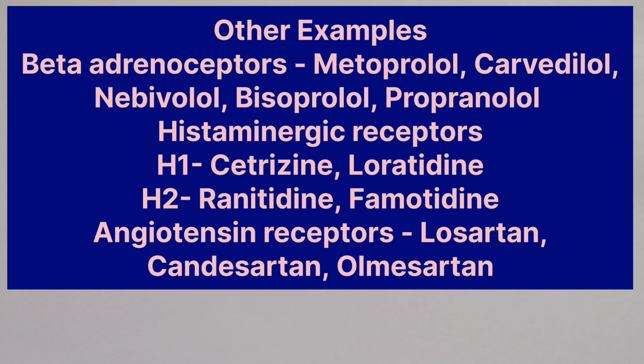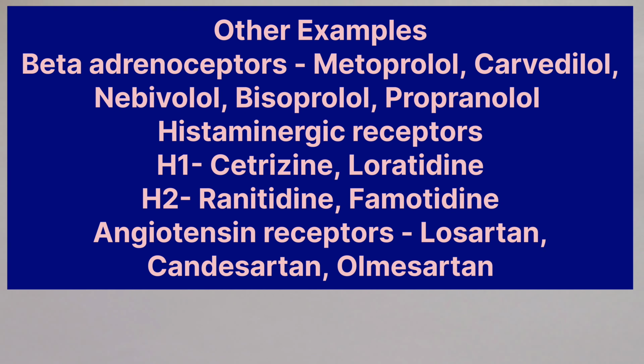Other examples of receptors that have constitutive activity and drugs acting as inverse agonists on these receptors are: 1. The beta-adrenoreceptor, and the drugs acting on these receptors are metoprolol, carvedilol, propranolol, nebivolol and bisoprolol.